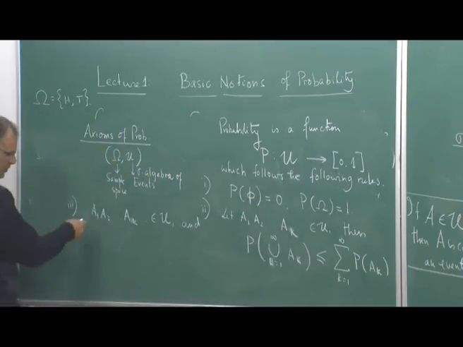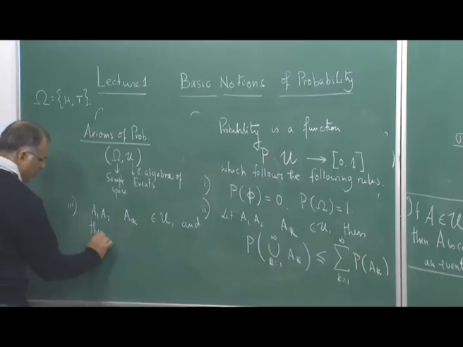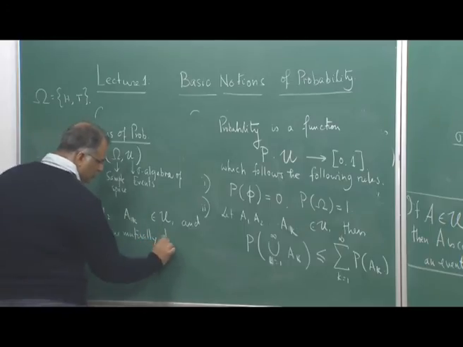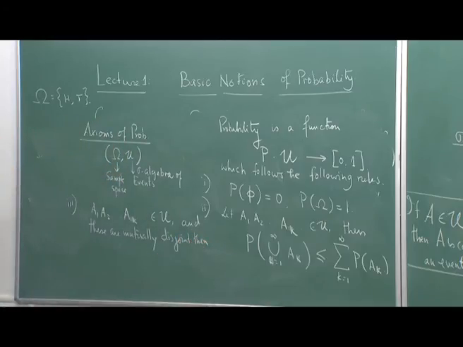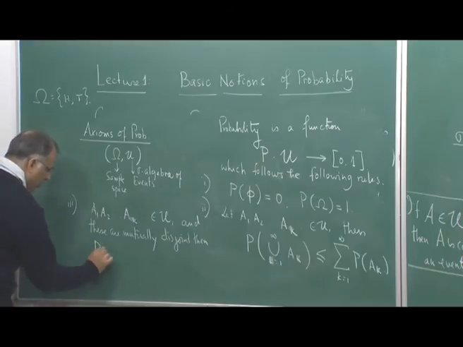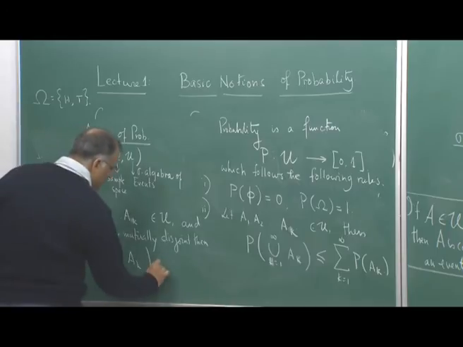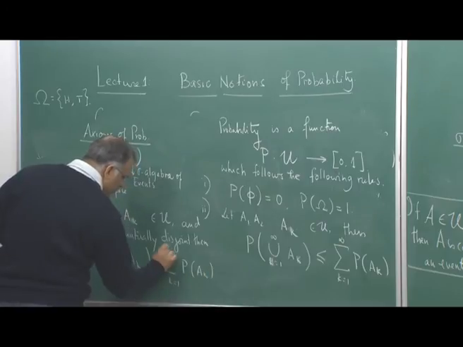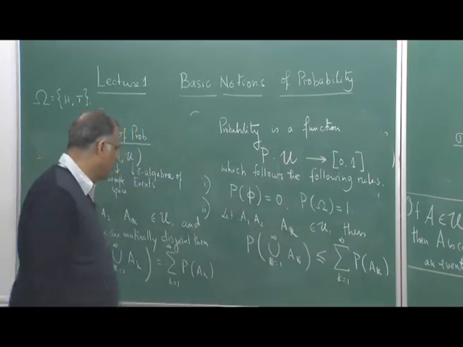If A1, A2, AK are elements of U and these are mutually disjoint, then the probability of the union of this countable collection is nothing but the sum of the probabilities. This probability measure P, we call it a probability measure.